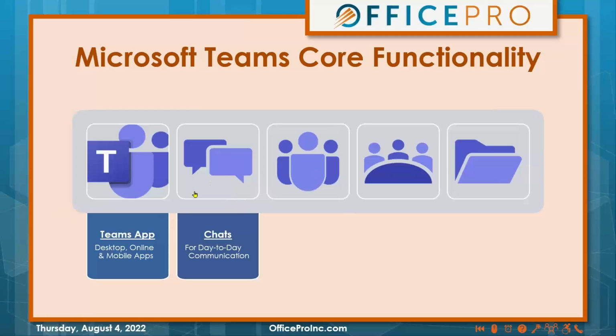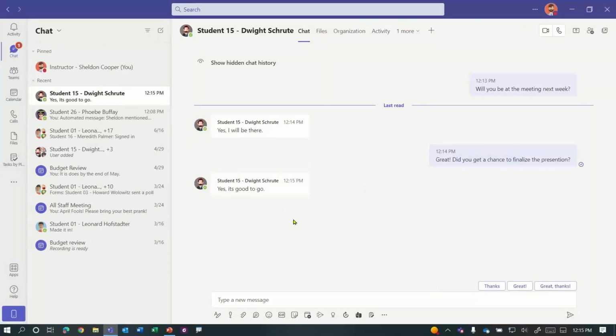And notice I pressed enter. It sent that right away. And then let's say Dwight is going to respond, yes, it's good to go. And again, I'm going to see the message. And if I want to open up the whole chat conversation, I can click on it. Notice it takes me to it.